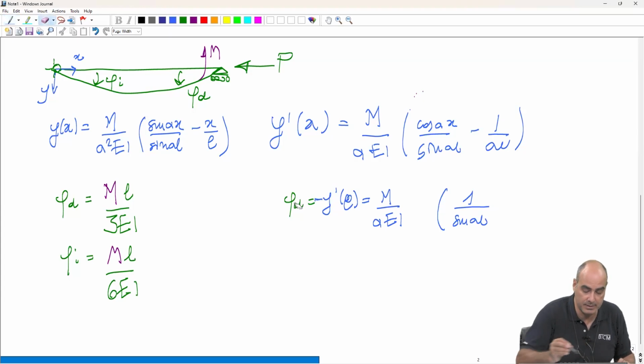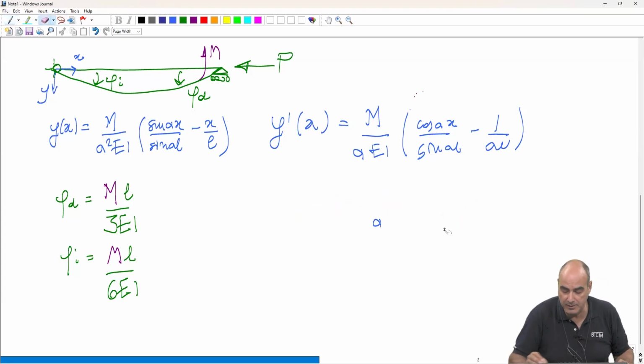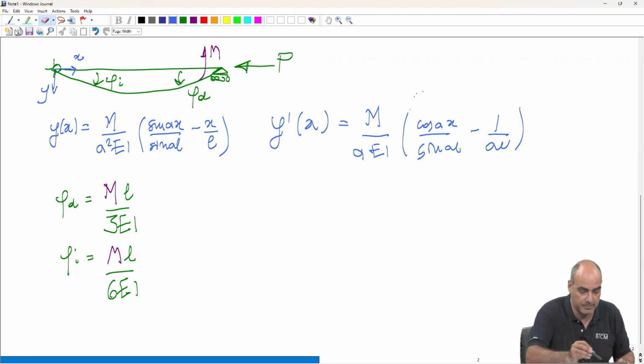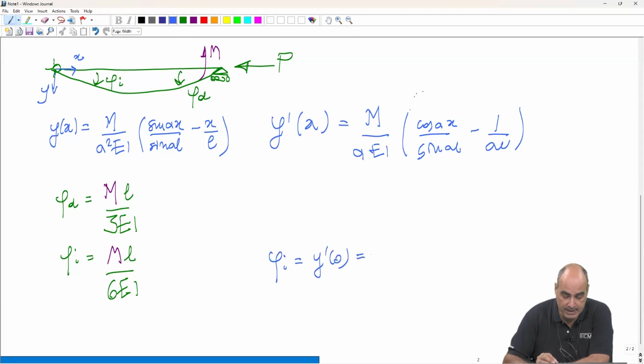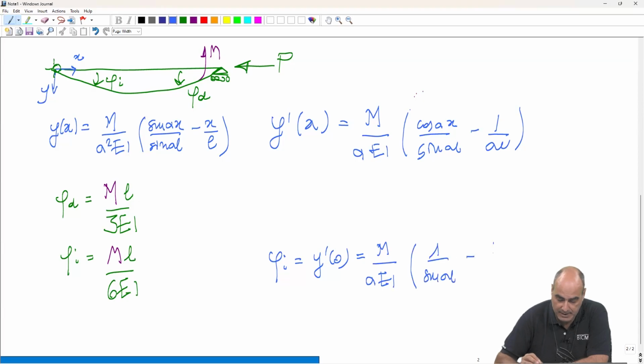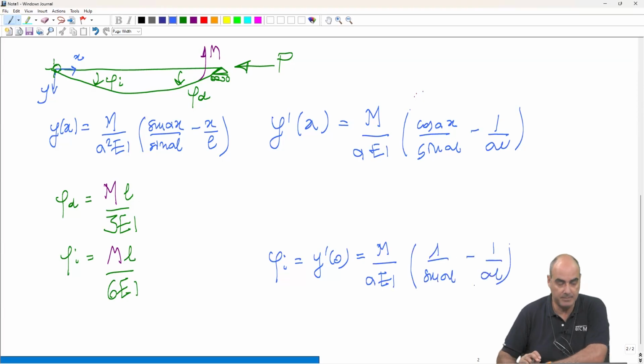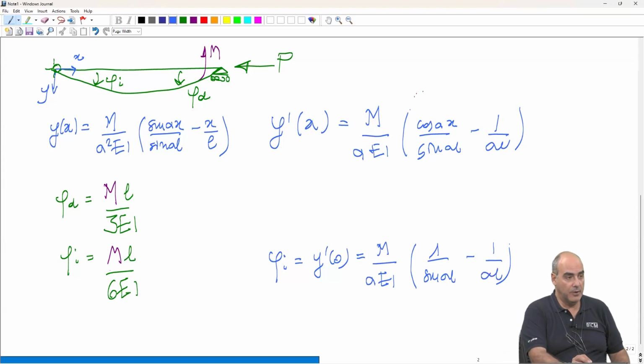Well, let's rewrite it. Let's start from phi indirect, it's easier. So phi indirect is y prime of 0, okay? And it is M over alpha EJ, 1 over sine alpha L minus 1 over alpha L. Well, but my solution before was M L over 6 EJ.